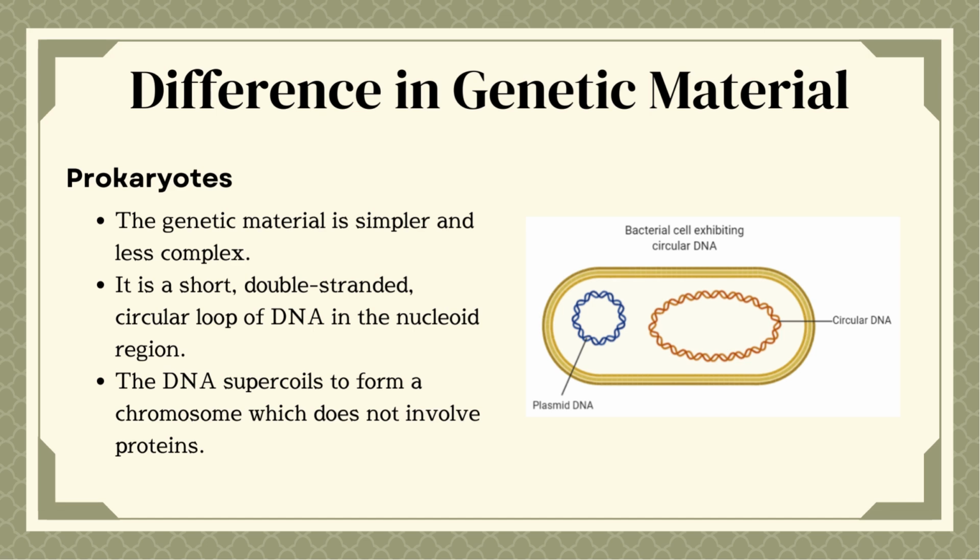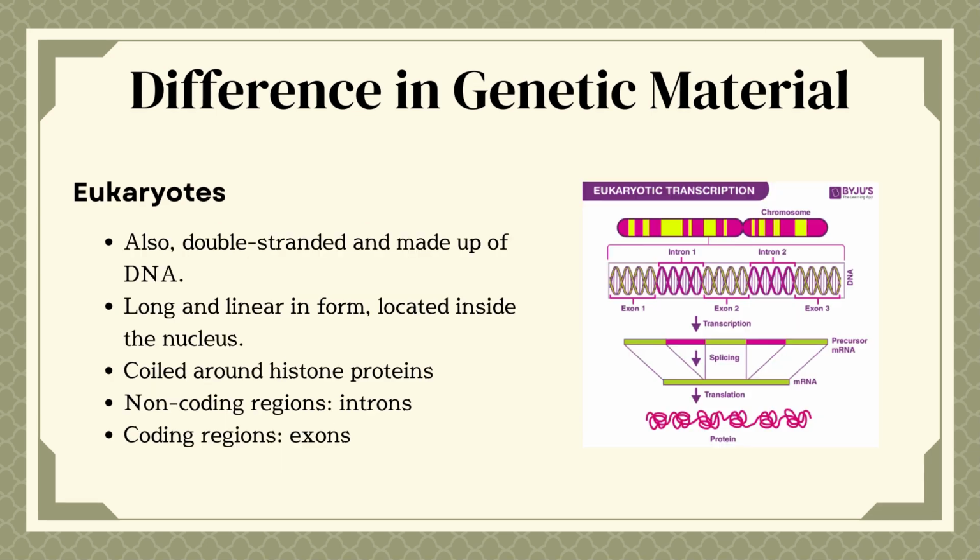In prokaryotes, the genetic material is simpler and less complex. It is a short, double-stranded circular loop of DNA in the nucleoid region. The DNA supercoils to form a chromosome which does not involve proteins. In eukaryotes, they also have double-stranded DNA.